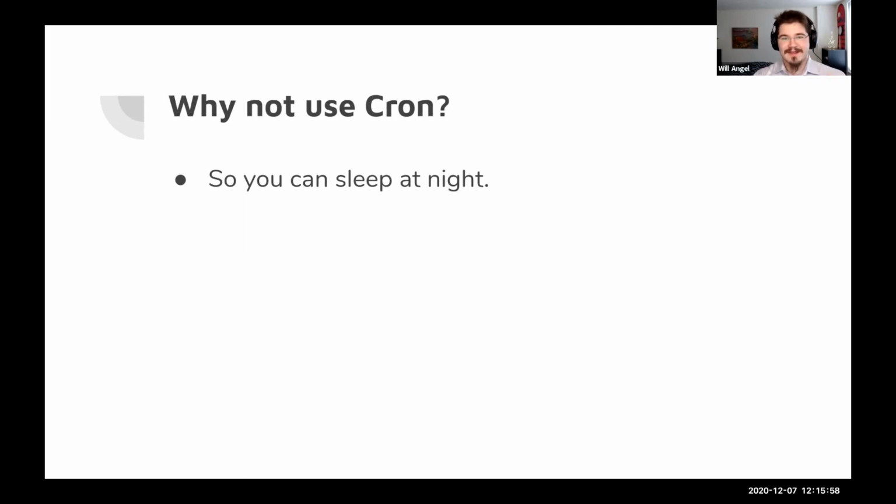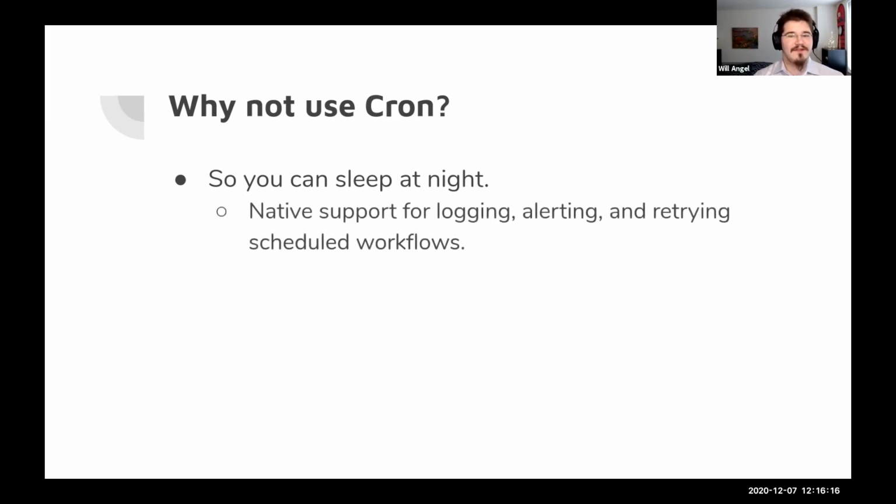All of that is stuff that Cron does not do by itself, which means you need to add that yourself, which usually leans towards developing your own logging framework for Cron, your own alerting framework for Cron, which is a lot of extra work. And Airflow has native support for all of that. So for any specific workflow, you can add email alerting in a couple of lines of code. You can add logging in a line or two of code.